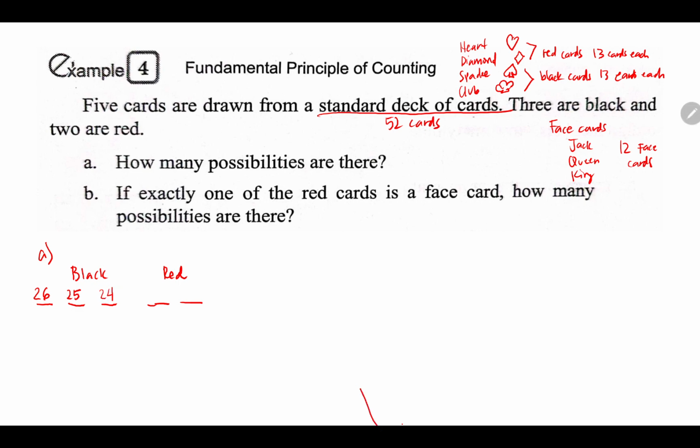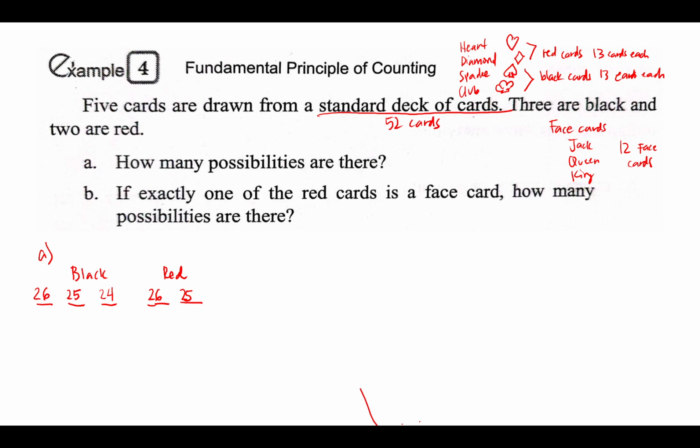How about for the red cards? For the red cards, you also have 26 because heart has 13 and diamond also has 13. So 13 plus 13, 26. So 26 red. And for the next possibility, we have 25, since the first drawn card cannot be drawn again.